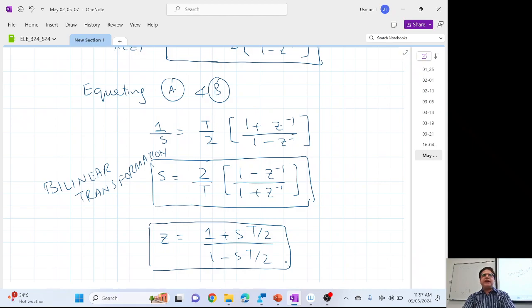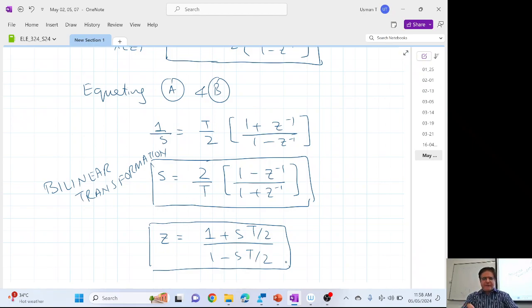So this is essentially a relationship between the z domain and the s domain. And then we can use this relationship: once we know the transfer function in the s domain for certain specifications, we can convert that into a transfer function in the z domain. Does that make sense so far? Any questions so far?